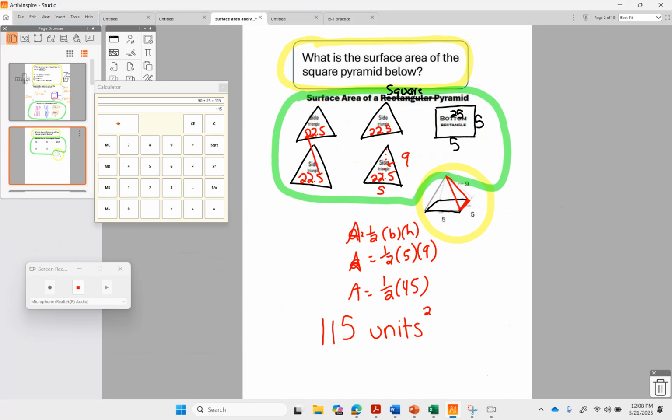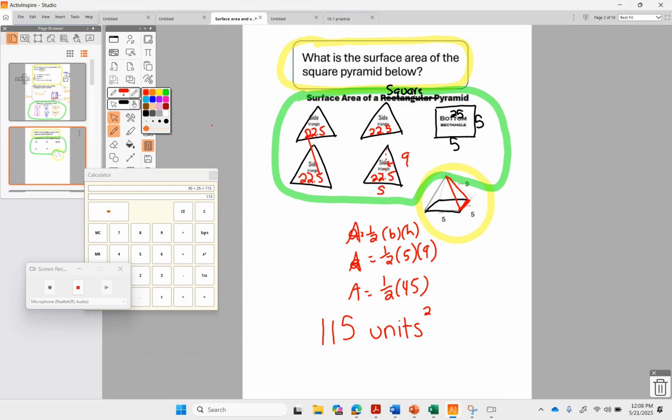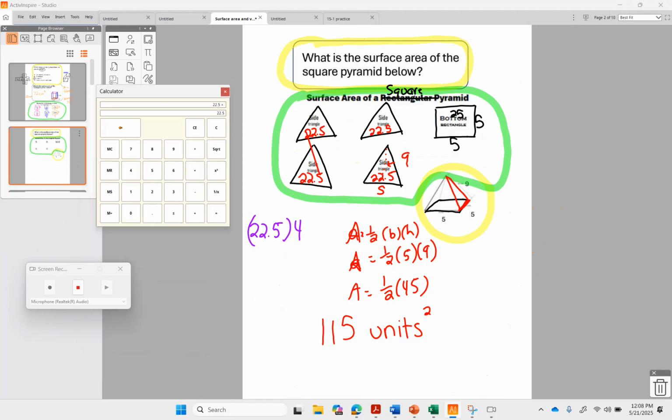The other thing you could do when putting these all together is you could say I have 4 of those 22.5s, so in the calculator, do 22.5 times 4, and you get 90. So that's the area of your triangles plus the area of your base.